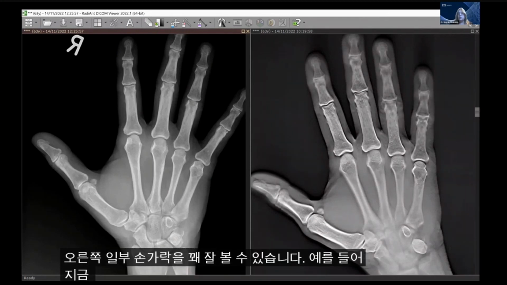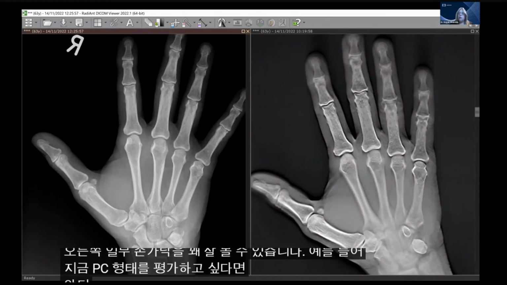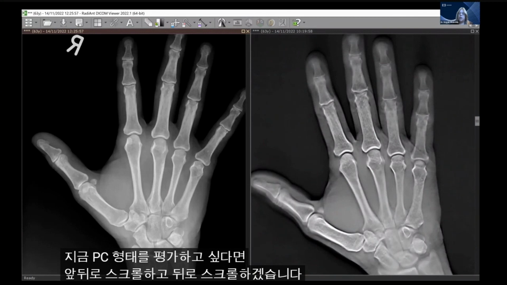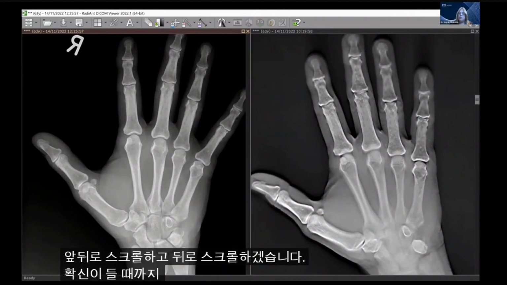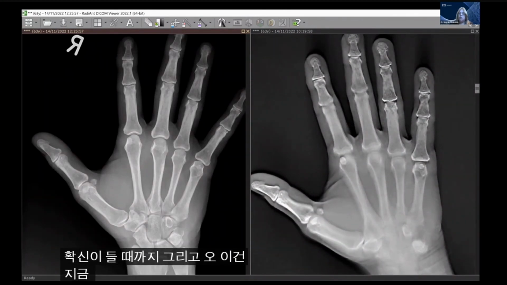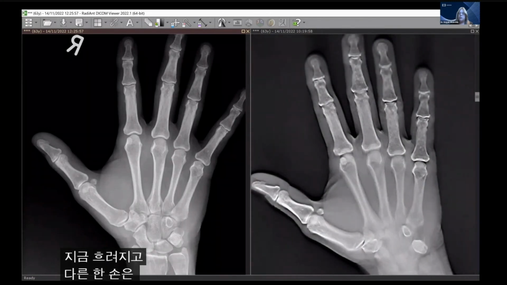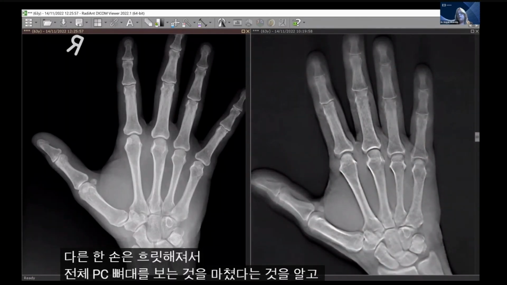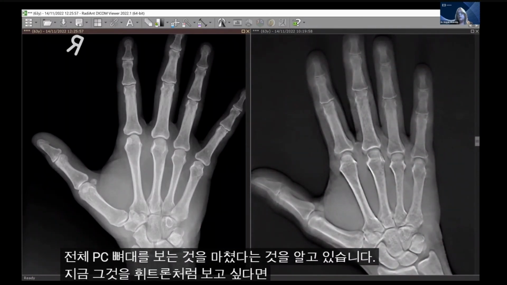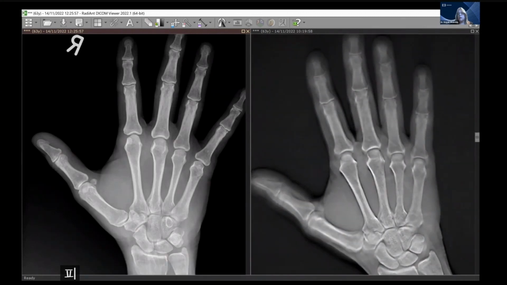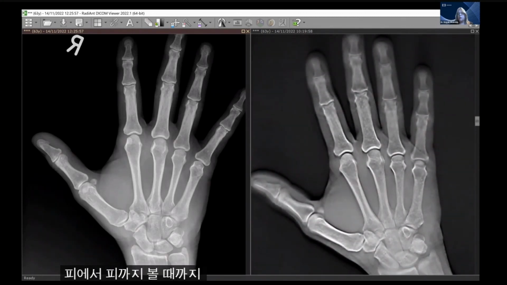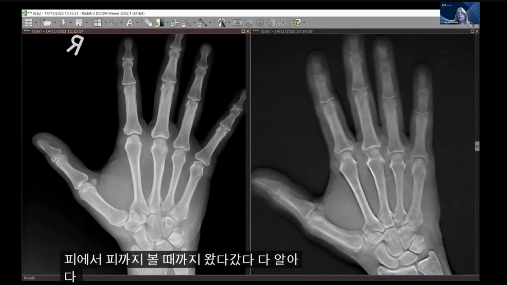So for example, if I want to evaluate now the pisiform, I'll scroll back and forth until I'm sure it's blurred now, and now it's blurred at the other end, so I know I've finished looking at the entire pisiform. And if I want to look now at the triquetrum, then I'm going to go back and forth until I see from blurred to blurred, I know I covered everything.